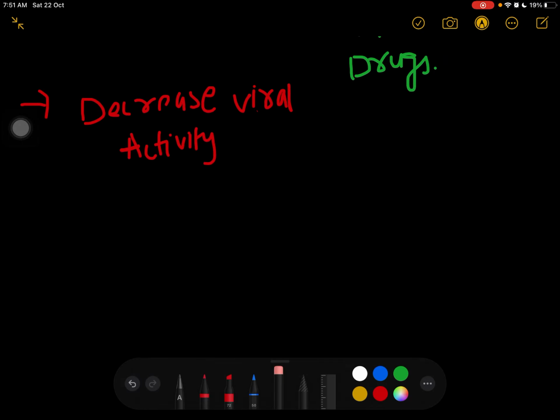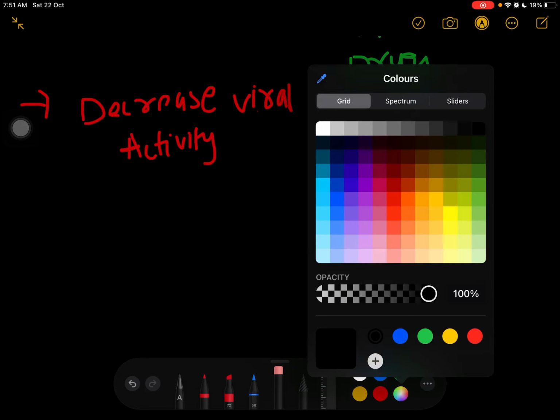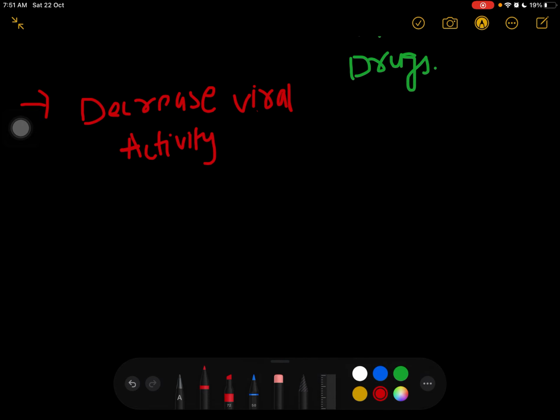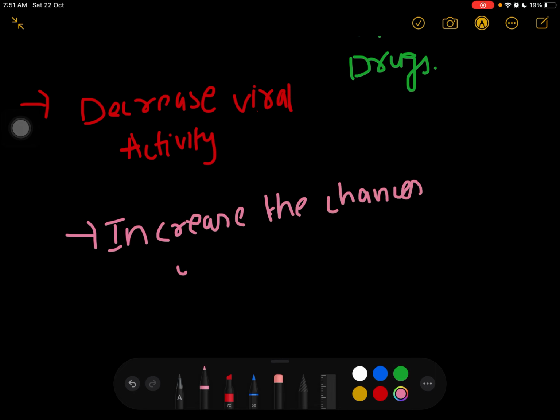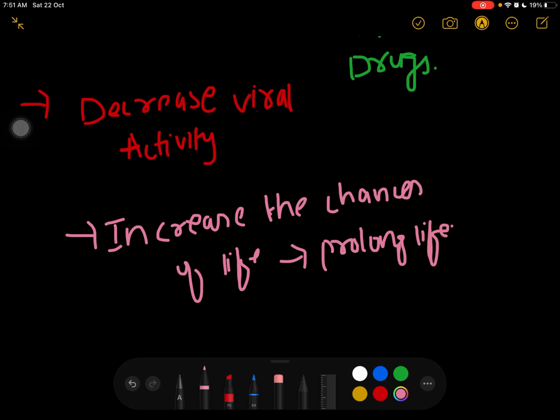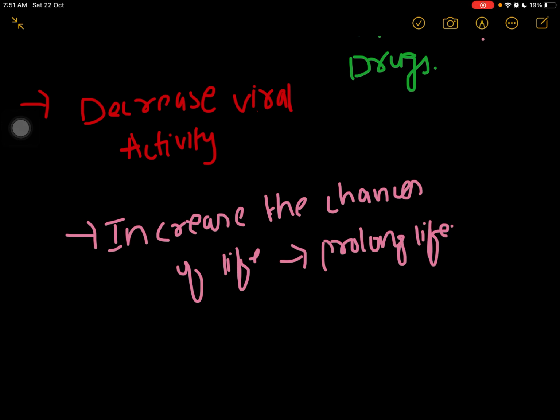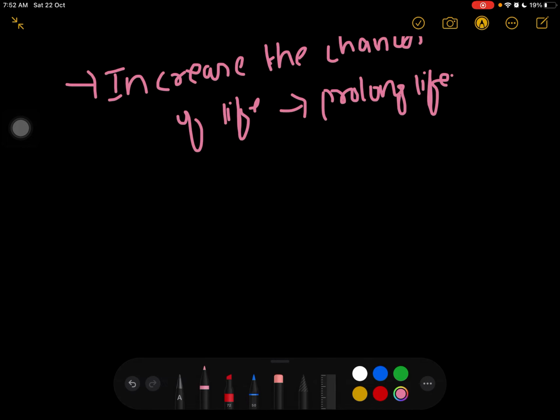What is the benefit after using this? It will increase the chance of life; there will be prolonged life by using this antiretroviral therapy. But there are some disadvantages of using this therapy. First of all, it is quite costly.